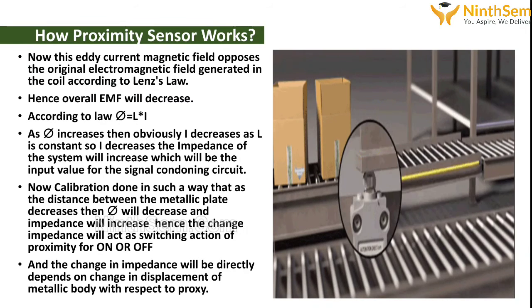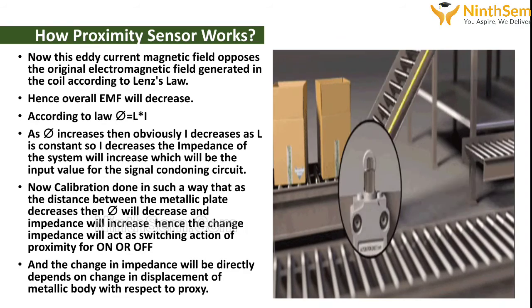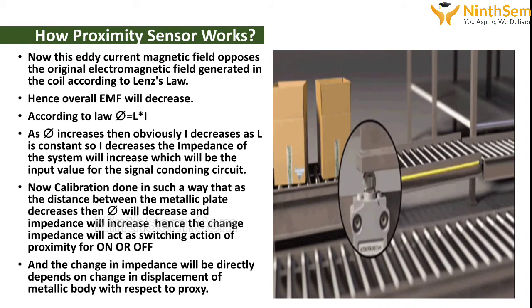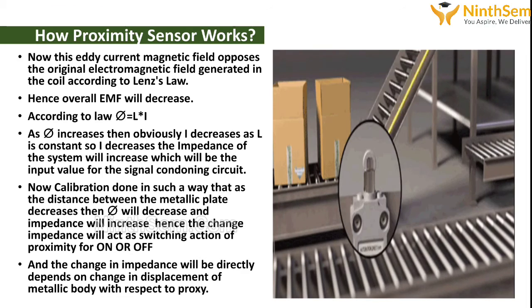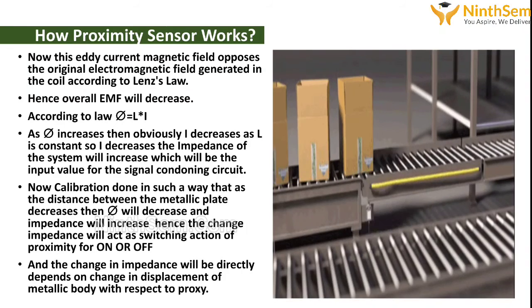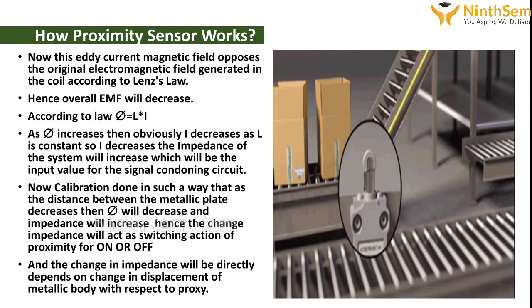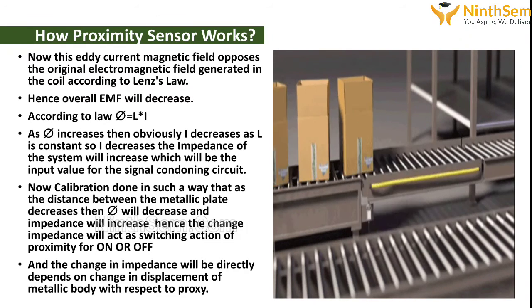Hence, the switching or electrical action is done for the proximity sensor on or off. Here the displacement is converted to an electric signal for the switching action. That's why we call the inductive proximity sensor a displacement transducer or position sensor. It detects the position of the metallic object.